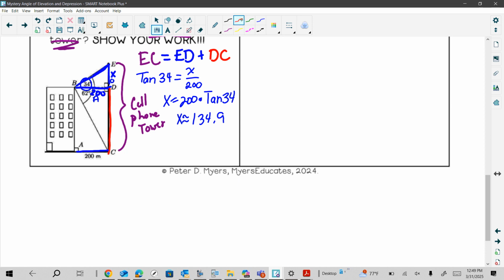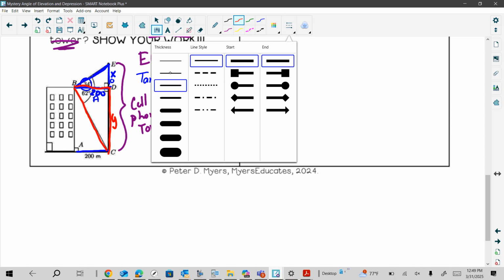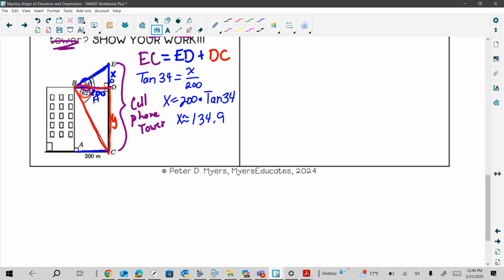Now to do DC, I'm going to make that the variable Y. And now I'm using triangle BCD, B to C to D. So this is 62. The Y is the opposite, and the 200 is still the adjacent. So it's still tangent.